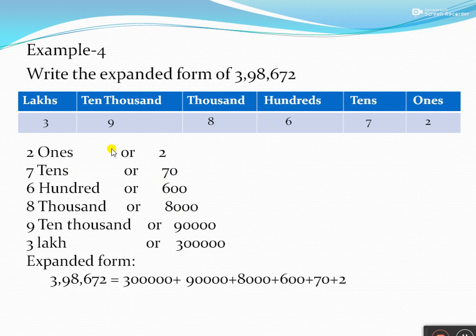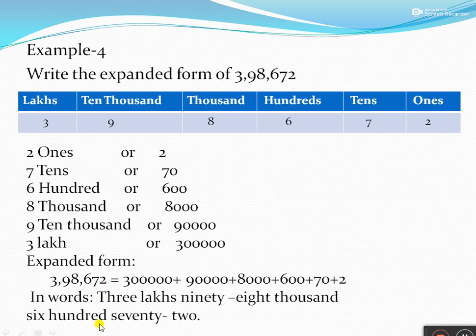So for the expanded form, we have to start from this side. We have to put a plus between all the numbers. So what is the answer? 3,98,672. You see the commas after the ones period: ones, tens, hundreds, these 3 are in the ones period. So 2, 7, 6, I put commas after, then 8 and 9, then after that I put a comma, then 3 is the lakhs period, so 3.